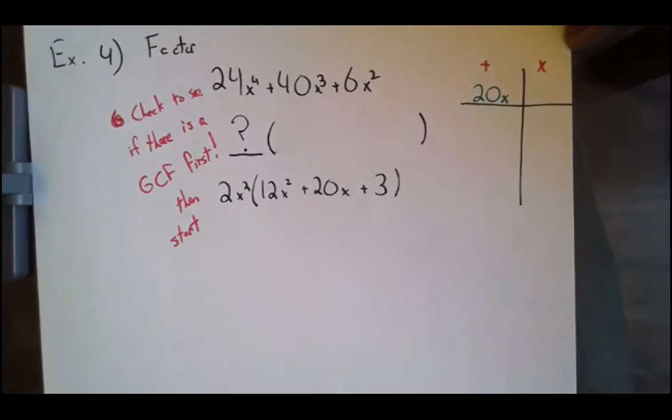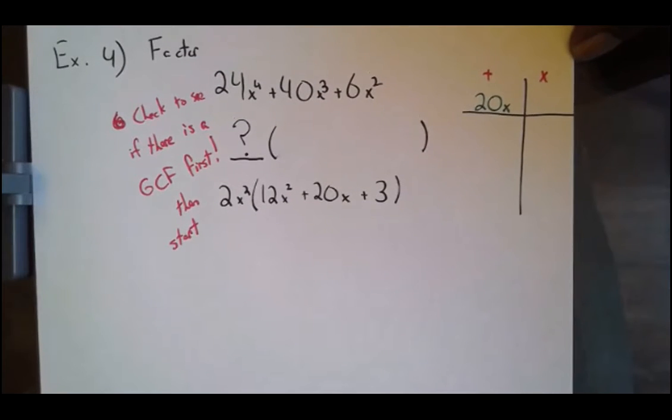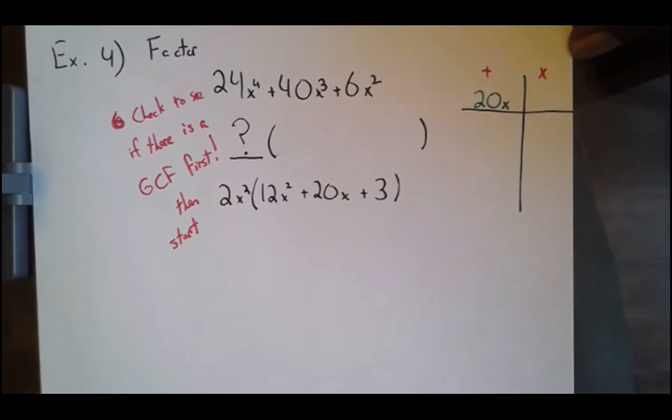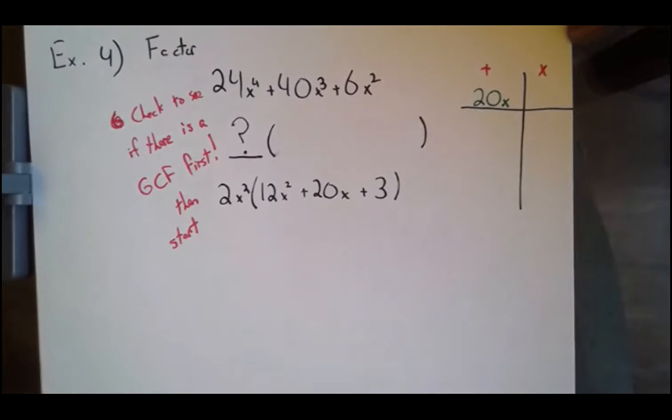Can you tell me what's going to go underneath the times sign? Good, good. 12 times 3. How many X's, Brendan?